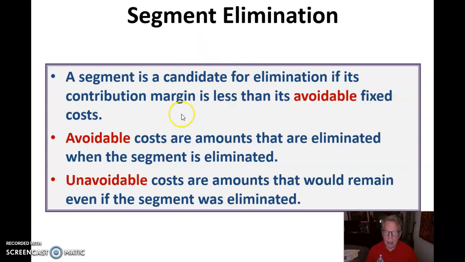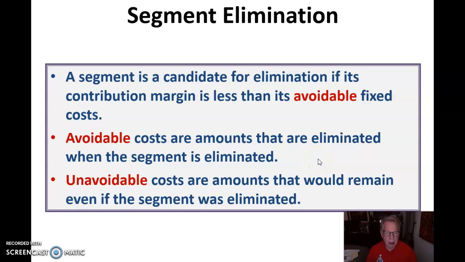When we're looking to eliminate a segment, it's a candidate for elimination only if its contribution margin is less than its avoidable fixed costs. Avoidable costs are the amounts that are eliminated when the segment is eliminated.